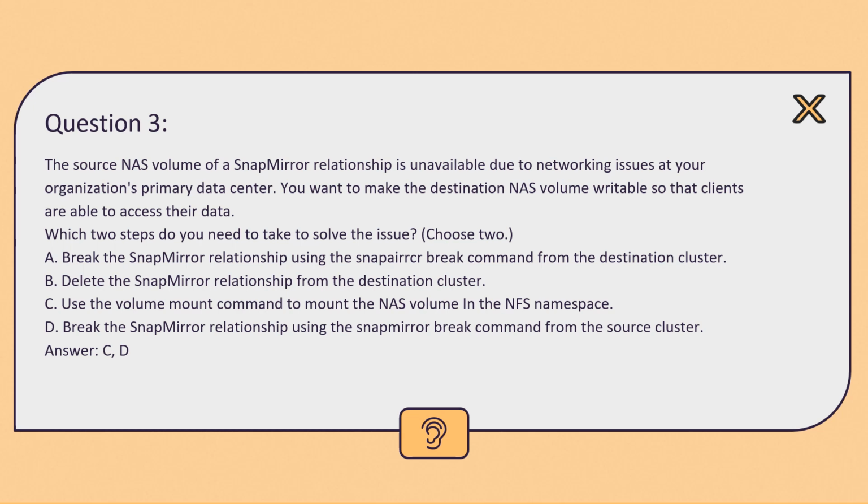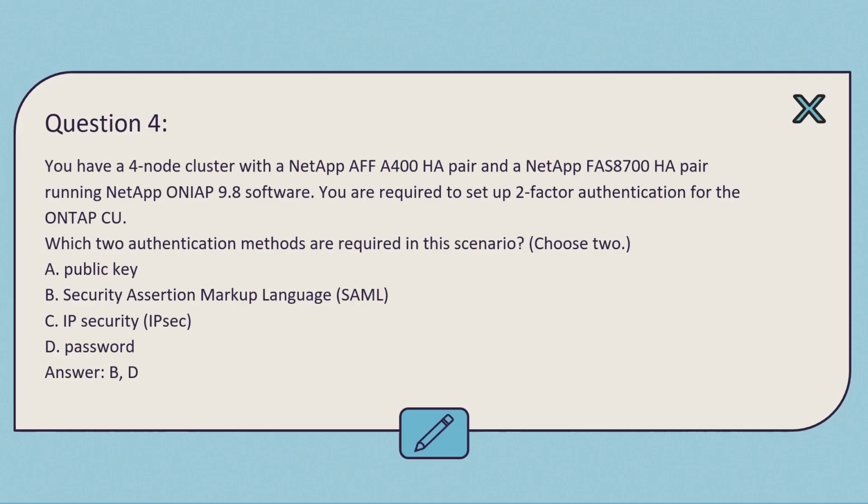C. Use the volume mount command to mount the NAS volume in the NFS namespace. D. Break the SnapMirror relationship using the snapmirror break command from the source cluster. Answer: C, D.